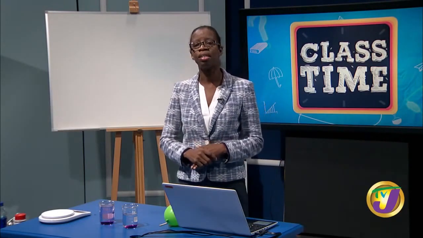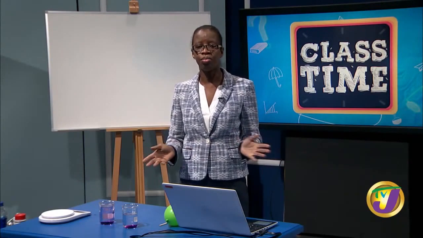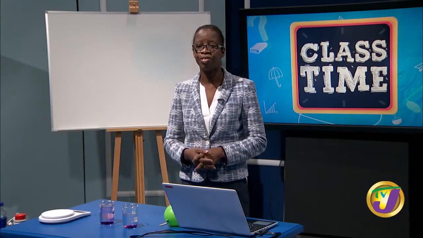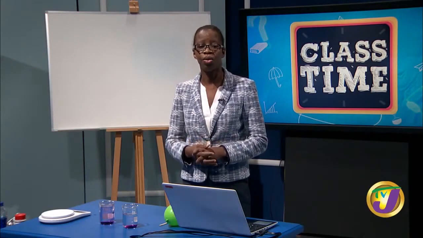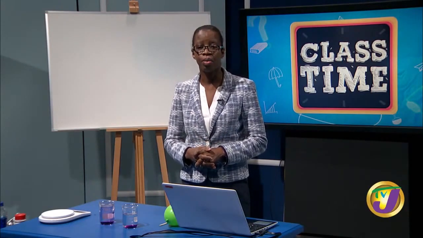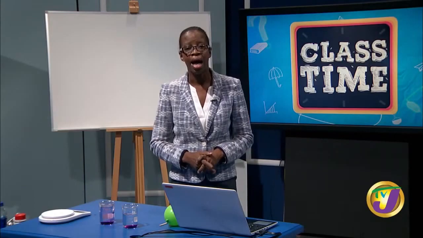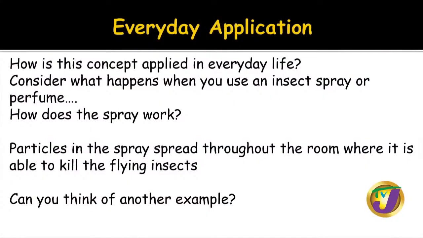All right, so consider at home you're using your perfume, or you're spraying out those mosquitoes that are coming up around the place, right? And you spray in one room. What happens to that spray? What do you observe over time?